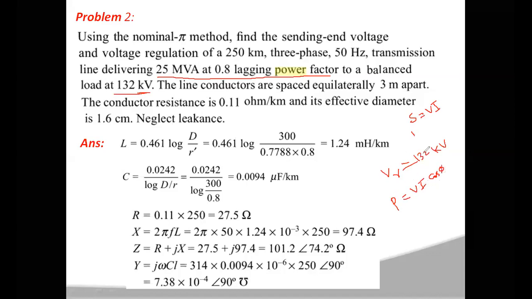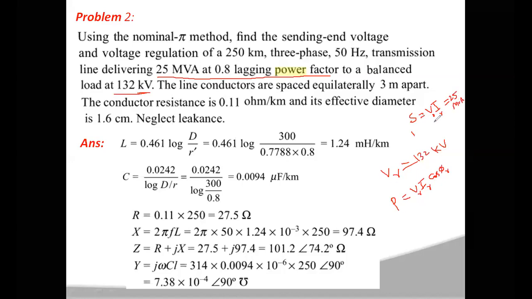As the voltages and currents have to be considered at the receiving end, this will become VR and IR, and the power factor is cos phi R. The given load in MVA is VR into IR, which is equal to 25 MVA.